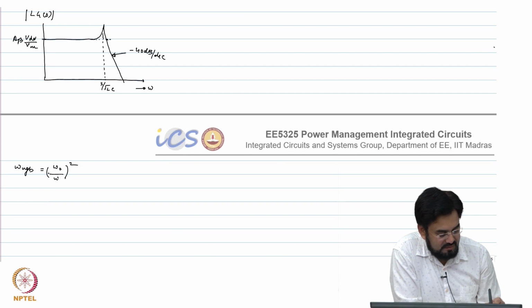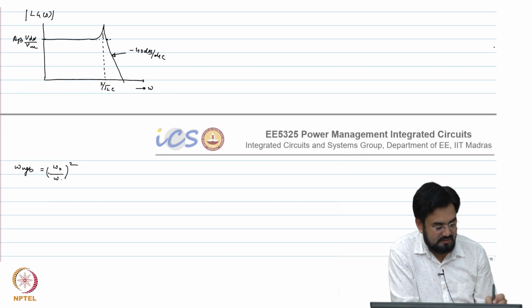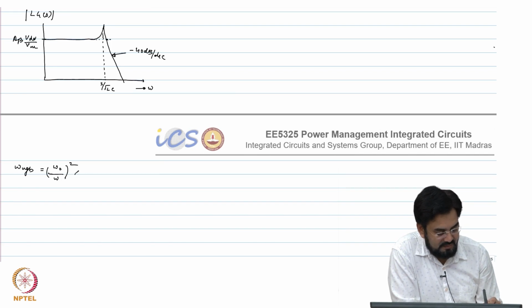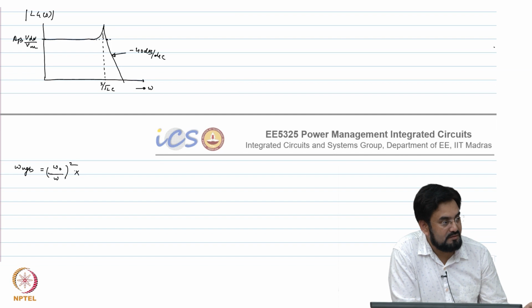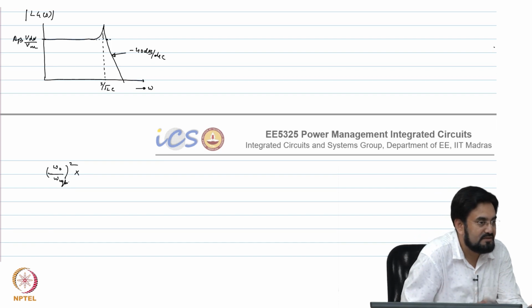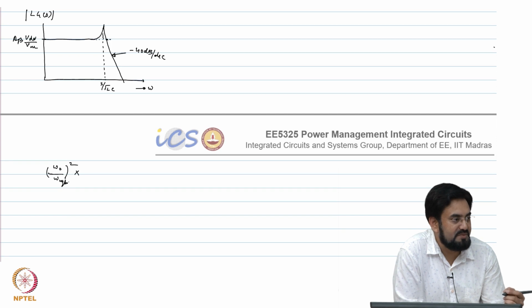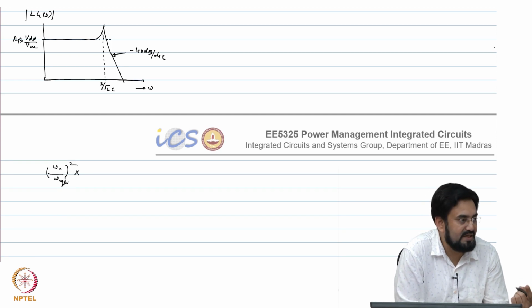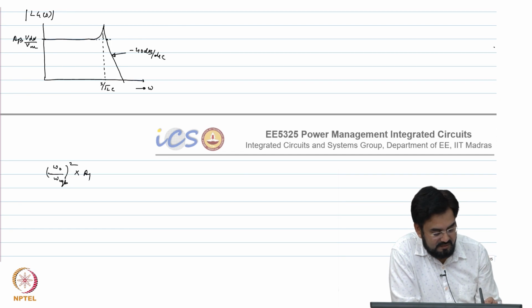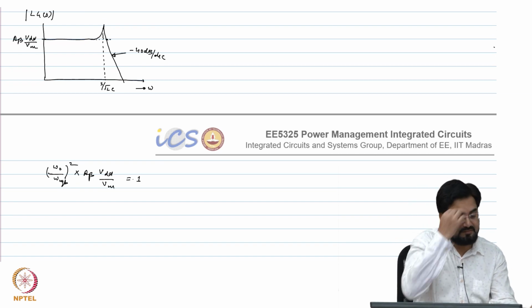omega square, multiplied by A beta VDD. Wait. Is this correct? We want to find the gain at omega UGB, which should be 1. So, omega naught over omega UGB square multiplied by A beta VDD over Vm, this should be 1, correct.